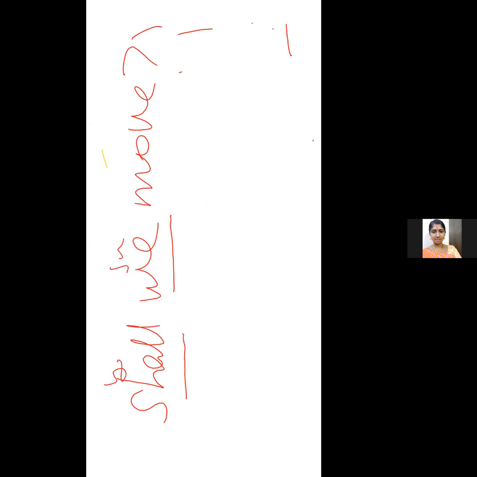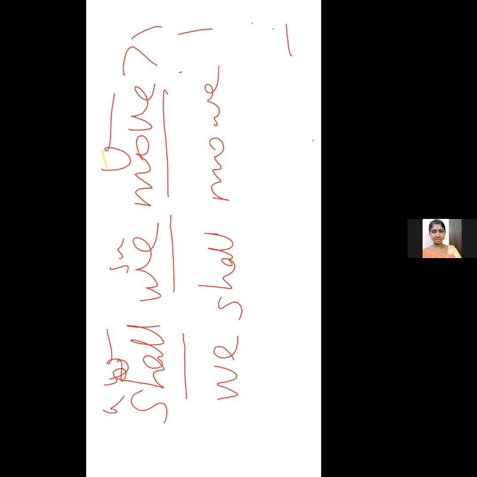We shall move. Move is the verb. Shall is the auxiliary verb and this is used for simple future tense. ஓகேங்களா? இப்ப பாத்தீங்கன்னா நம்ம சொன்னோமே I shall, we shall வந்துருச்சுங்களா? Simple future tense தானே இது?